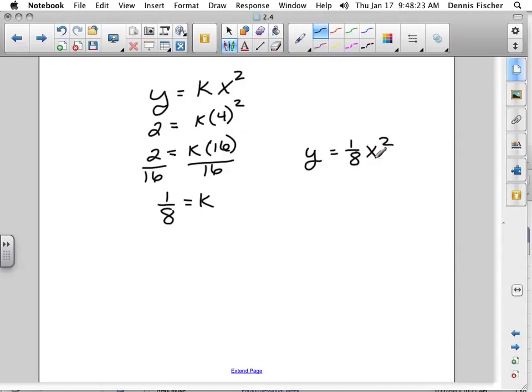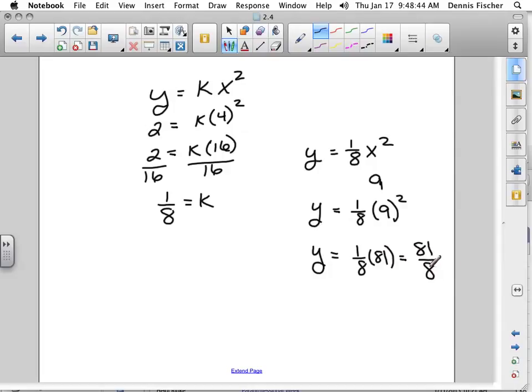So if I say x is 9, I'm going to have y equal to 1/8 times 9 squared, correct? 9 squared is 81, so I'm going to have 1/8 of 81, and I'm not going to simplify it, that's going to be 81/8. Y is 81/8.